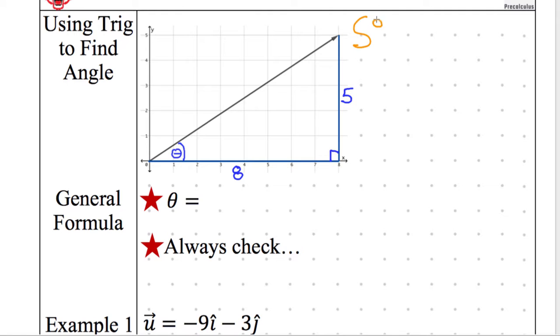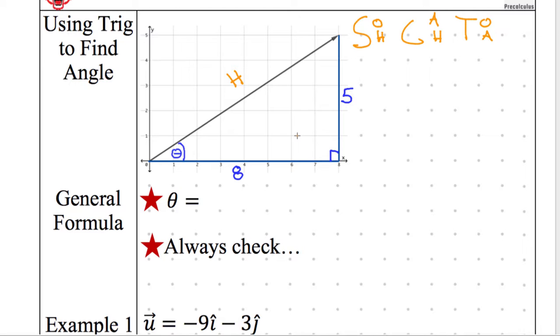Capital S, O over H, C, A over H, T, O over A. So if this is my angle of reference down here, I know that this is going to be my H, my hypotenuse. Adjacent, is that the 8 or the 5? Which one is the adjacent? Take a guess, 50-50 shot.